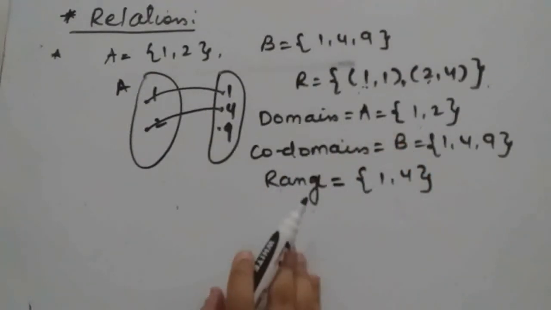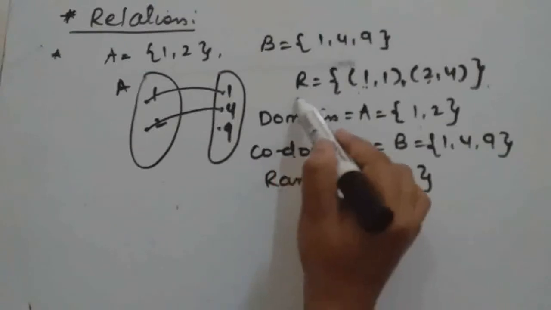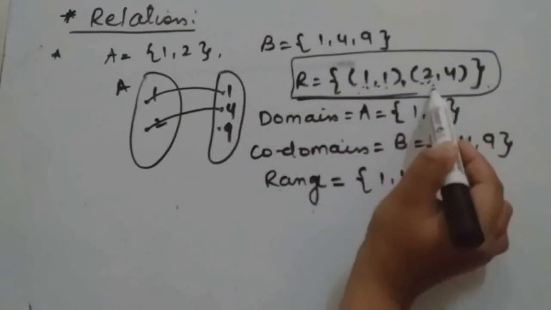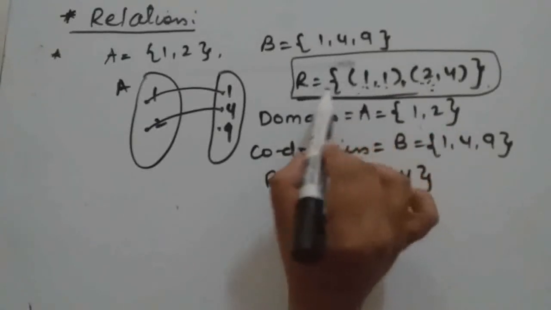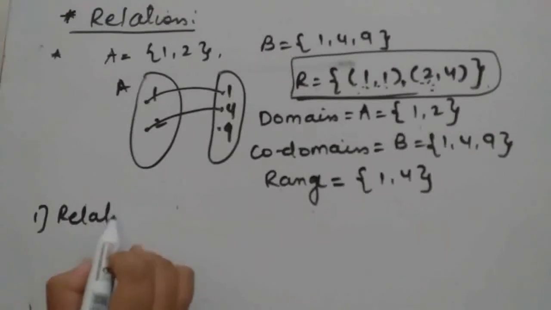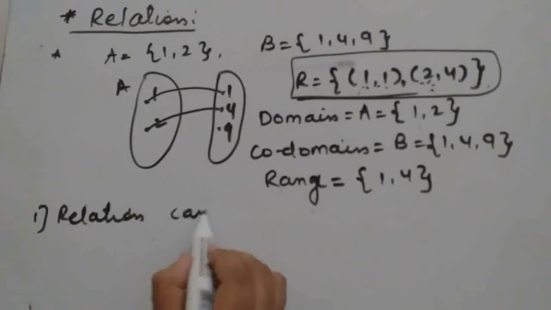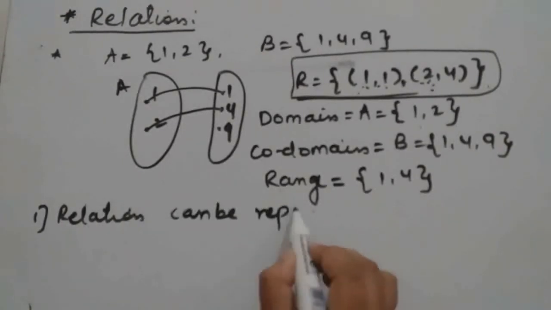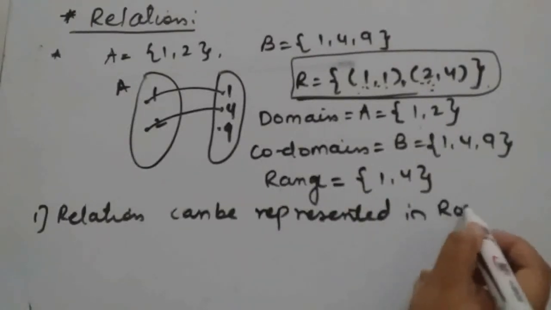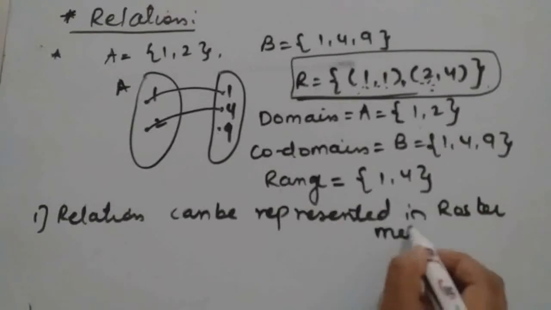Now see R. Here in R we wrote all the elements, two elements we wrote, isn't it? So this is how R can be represented in the roster method. And the set builder method, so how will you represent it in set builder method?